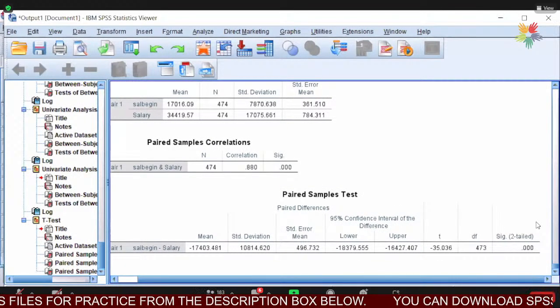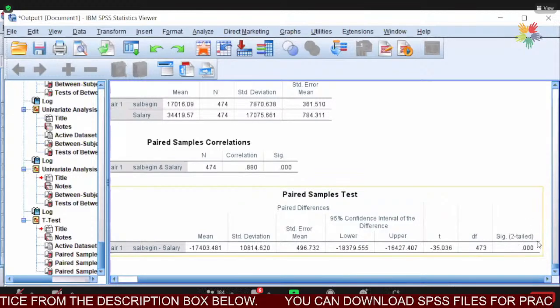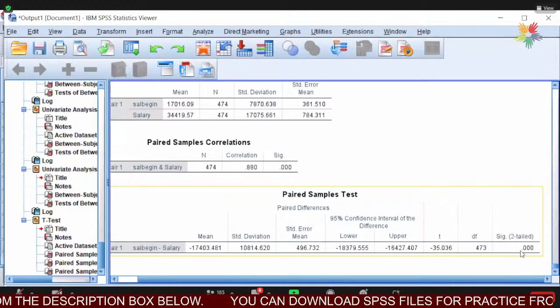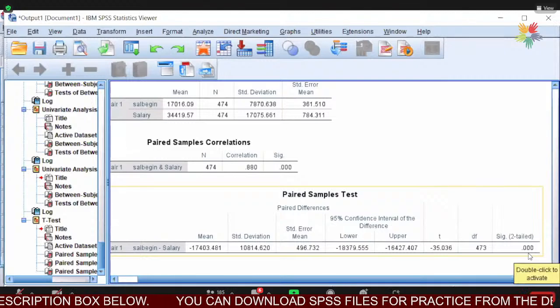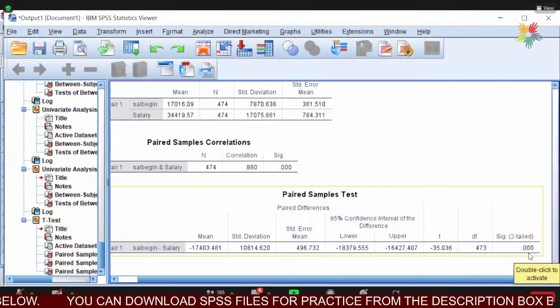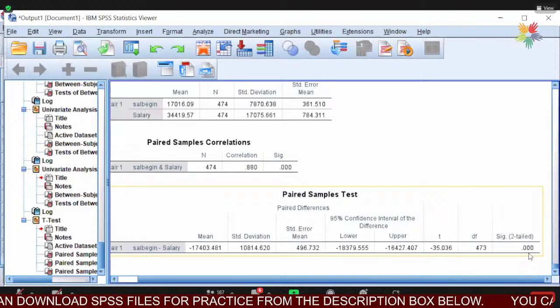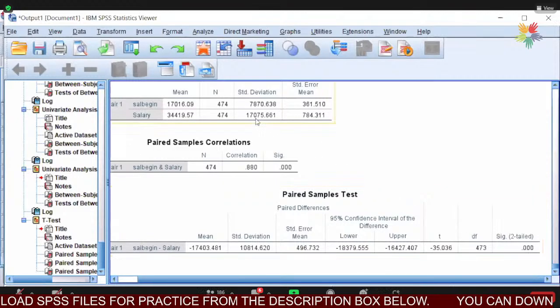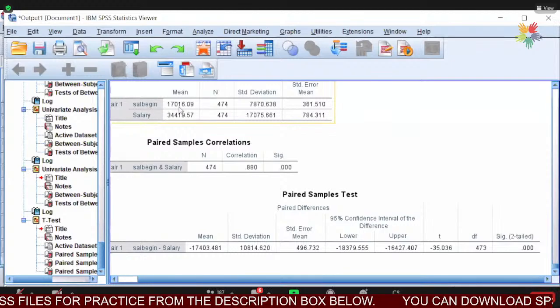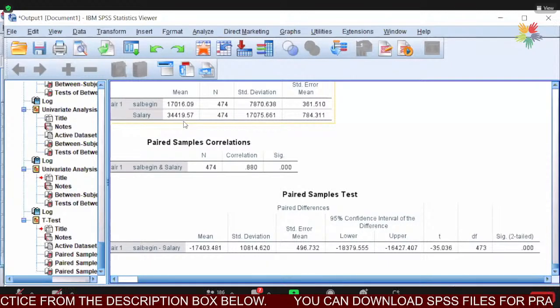So now here the significance value is 0.00, which means there is a difference between the salary before and the current salary. The salary in the beginning is 17,000 on average. Salary now is 34,000 on average.